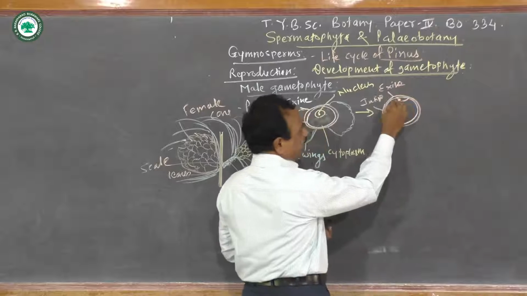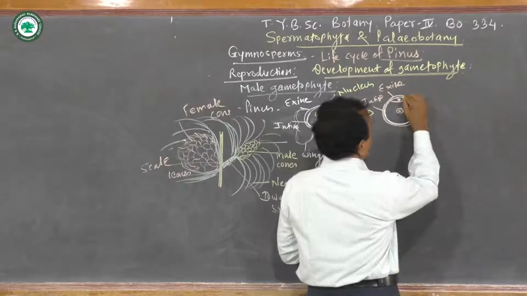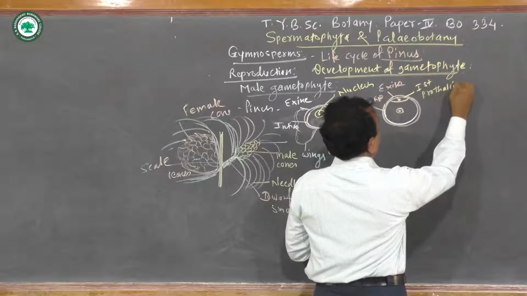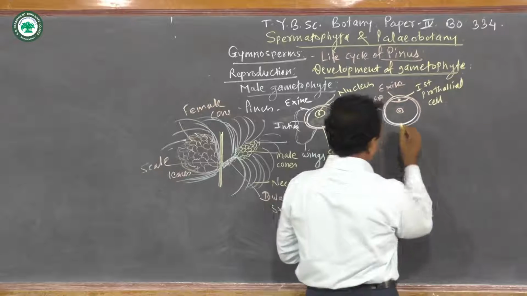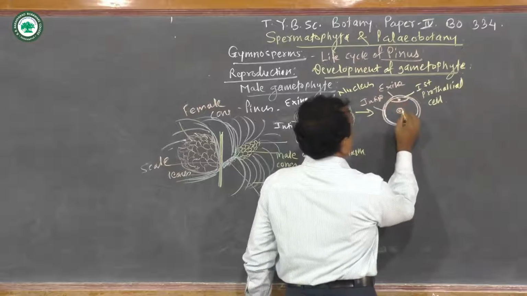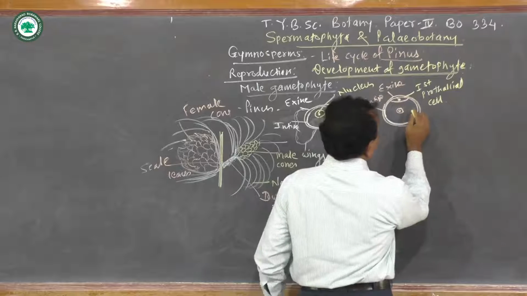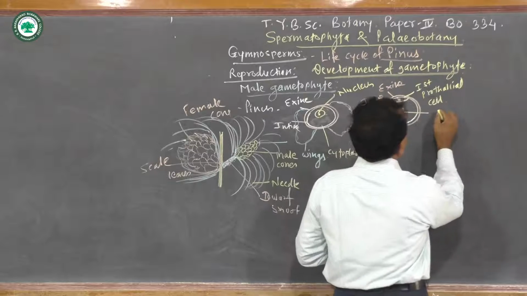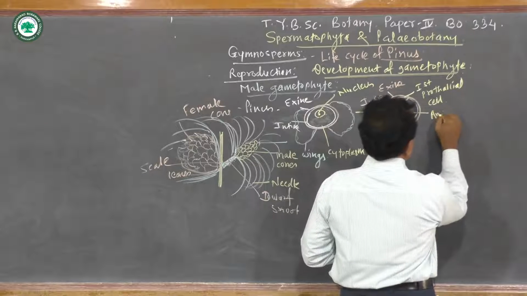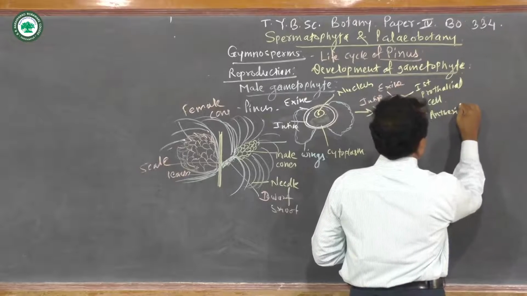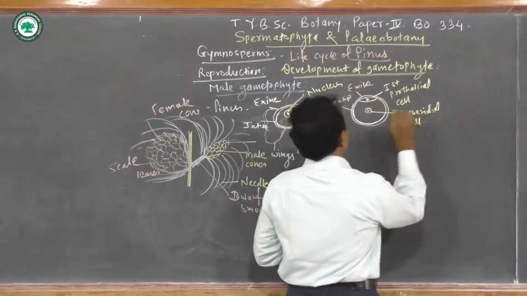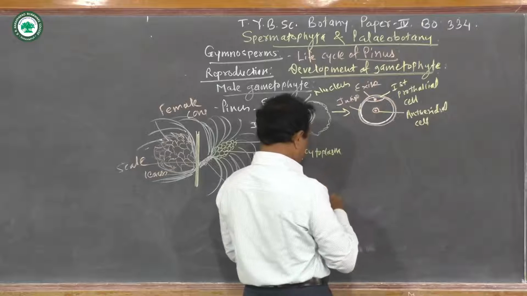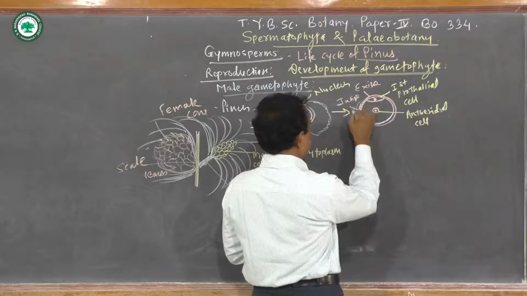Here the new cell formed is called the first prothallial cell, and this is the antheridial cell, and surrounding it there are these wings.